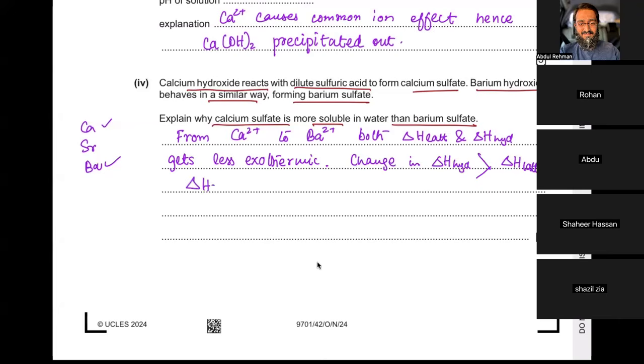As a result, enthalpy change of solution gets more endothermic or less exothermic. So as it gets more endothermic, as a result, barium sulfate gets less soluble. Is this clear to all of you?